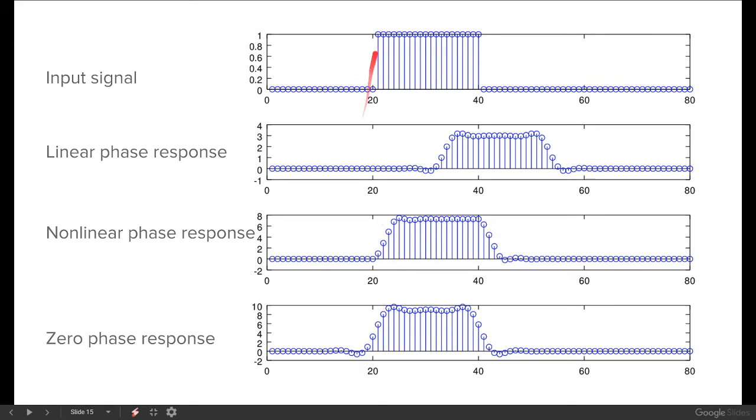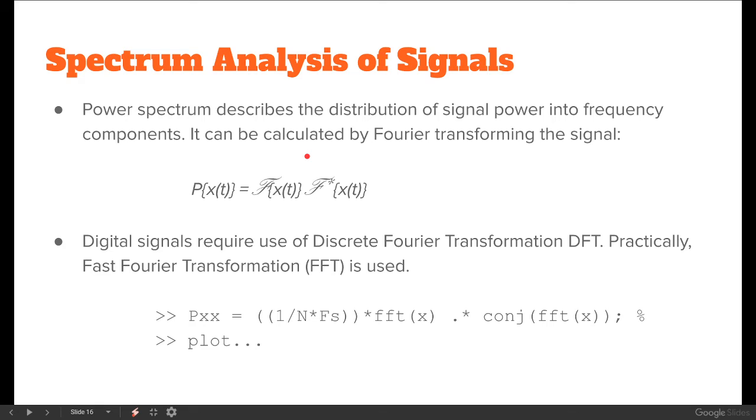And time delay is 0. See, this exactly happens at the same time, just filtered. But this is not causal anymore, since the event actually happens here, and here we already have some non-zero values. So it starts before actually even the input is there. But you know, it's magic.